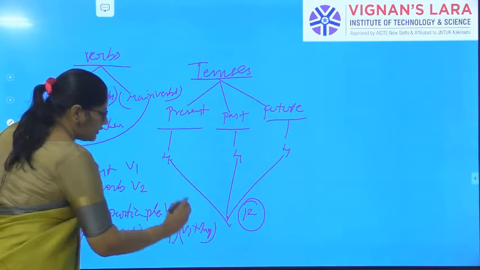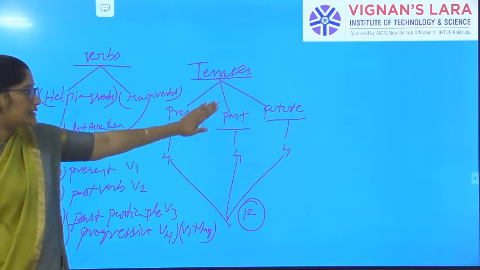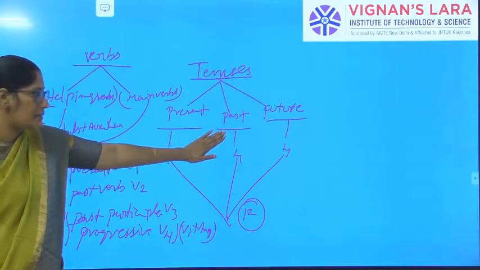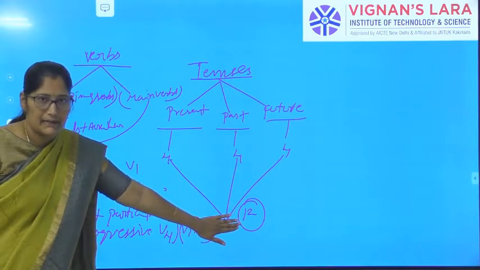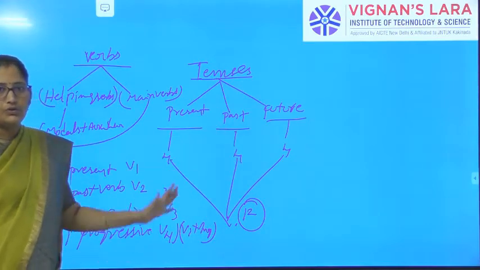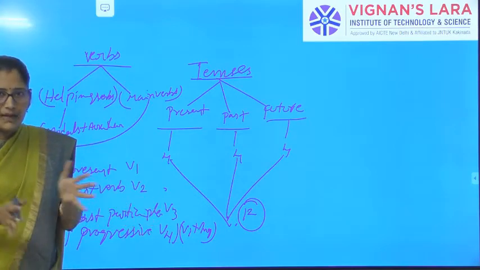Just take a quick look back. We have tenses, segregated into three parts, and each part stands on four types, so altogether it would be 12 parts. Now we have an idea. We have to know the 12 structures to make sentences.